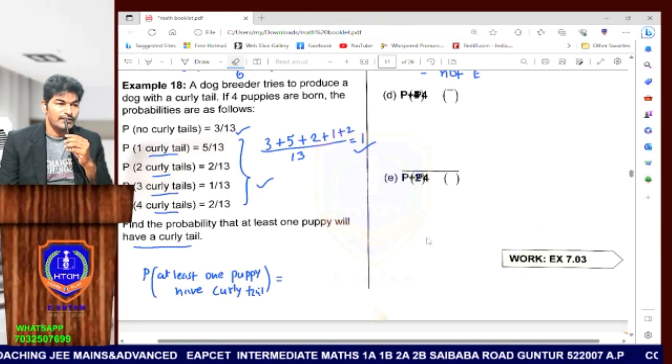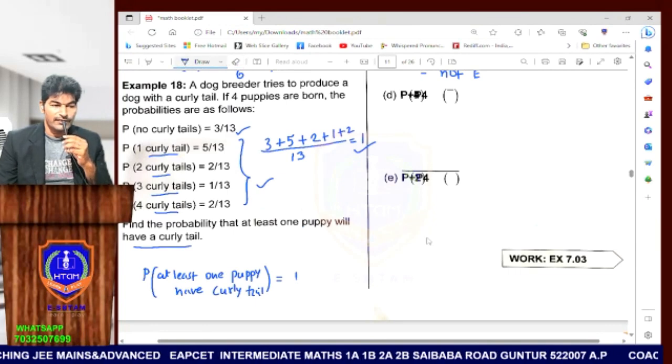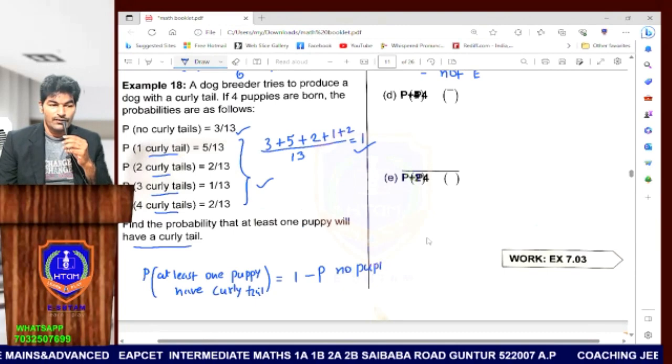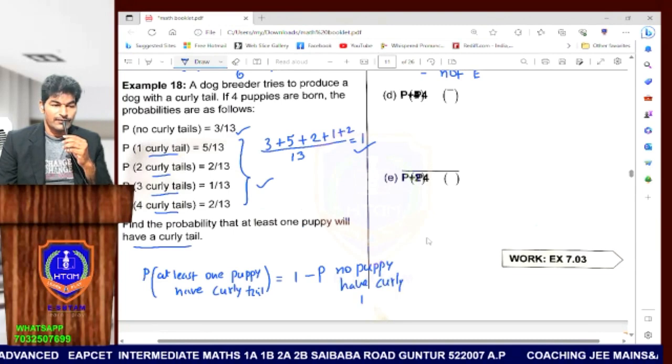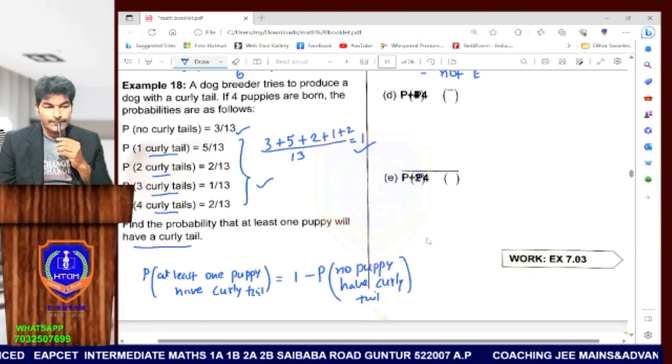The second way is 1 minus the probability of no puppy having a curly tail.